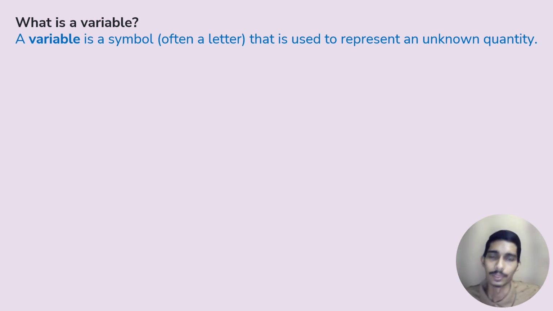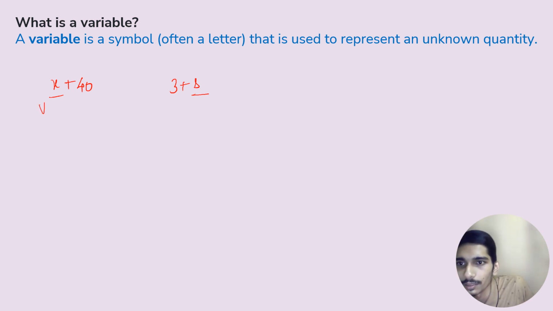Next is variable. Now what is a variable? Previously we wrote many examples like a plus x plus 40, and 3 plus s. So here you can see that instead of calling these letters, in mathematics, in algebra, they are not termed as letters or alphabets, they are termed as variables.